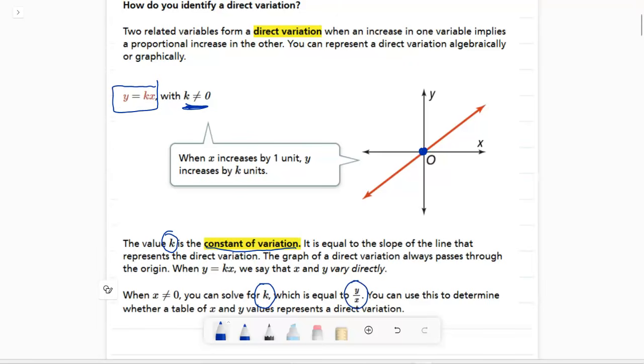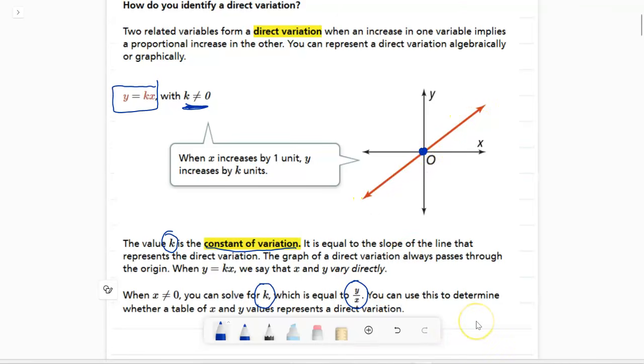So three things that I want you to write down. Write down y equals kx, where k does not equal 0. Then I want you to draw this graph where the line goes through the origin.